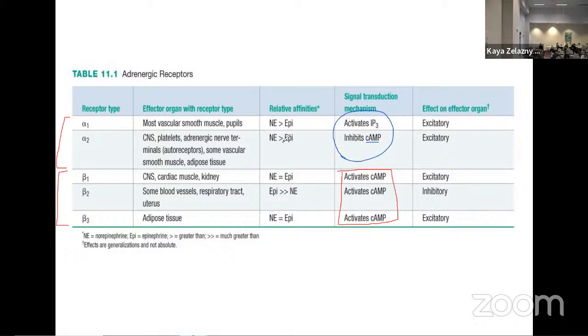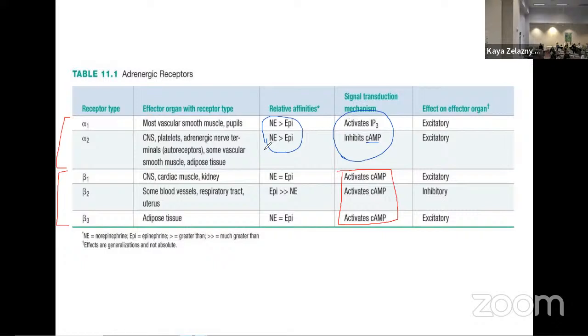Okay. For both of these alpha receptors, you're going to see that they prefer norepinephrine to epinephrine. Right, so our adrenergic receptors are going to be able to respond to either the norepinephrine coming from our postganglionic sympathetic neurons or to the epinephrine from the adrenal gland.